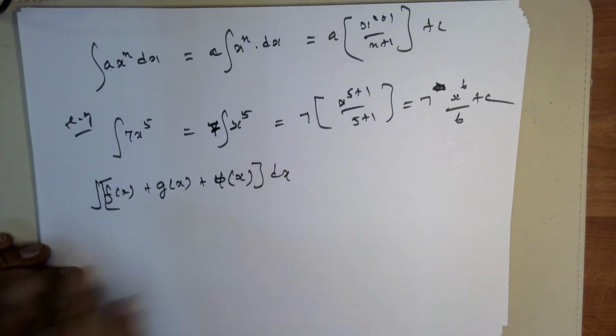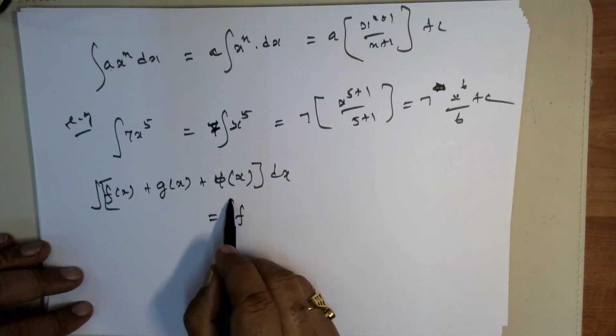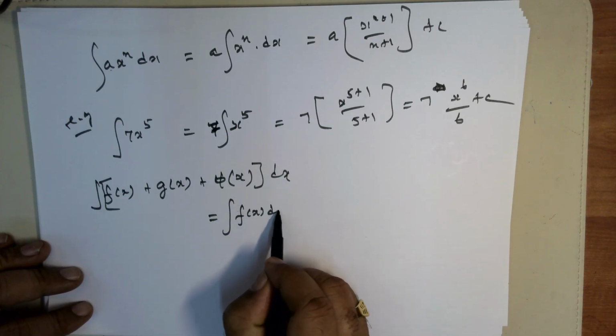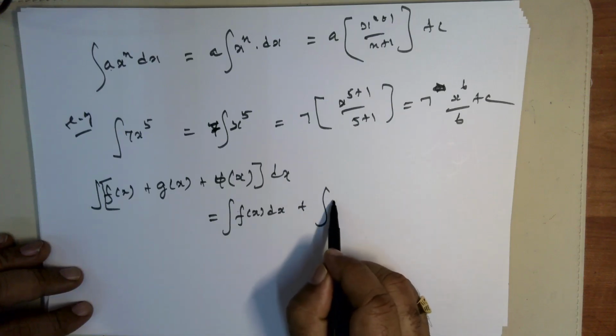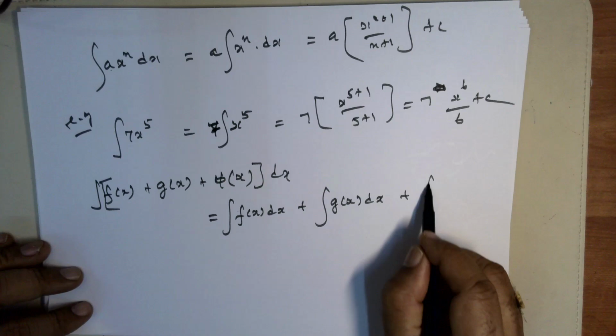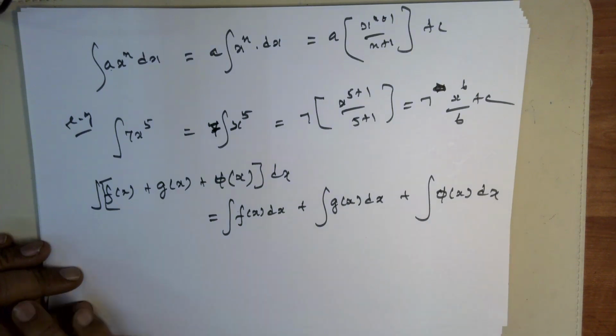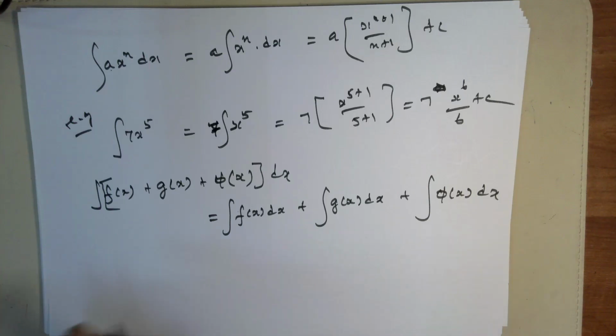In that case, you can split it entirely as the integral of f of x dx plus the integral of g of x dx plus the integral of phi of x dx. So separate all the functions as integrals and find out the value. Now let us work out.